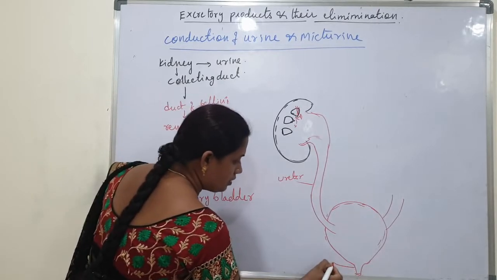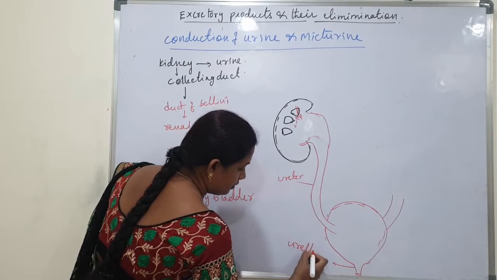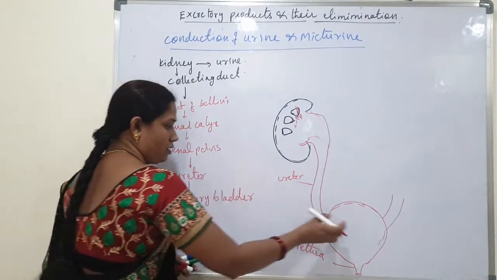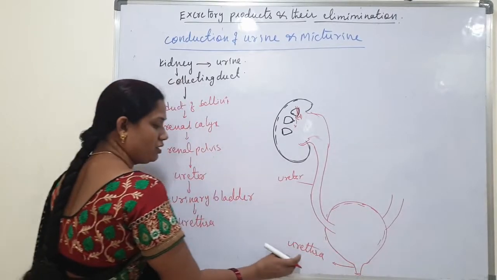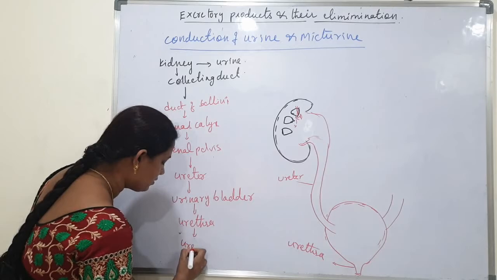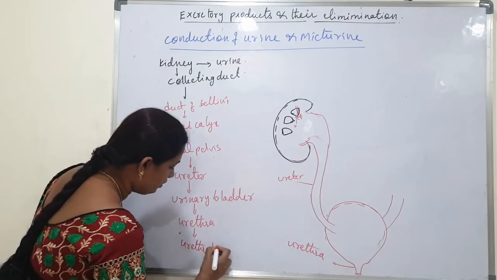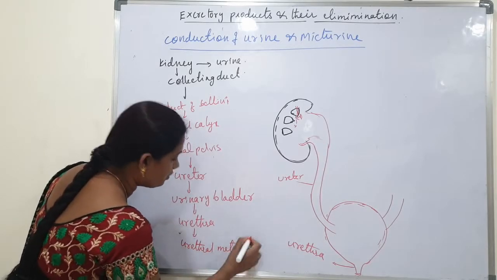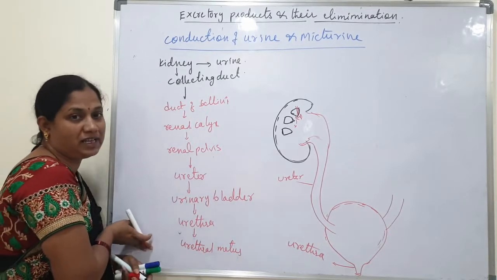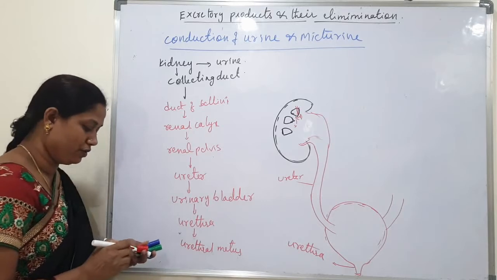This is the urethra, which opens to the outside through the urethral meatus. This opening is called the urethral meatus. So this is the pathway of urine passage, or conduction of urine.